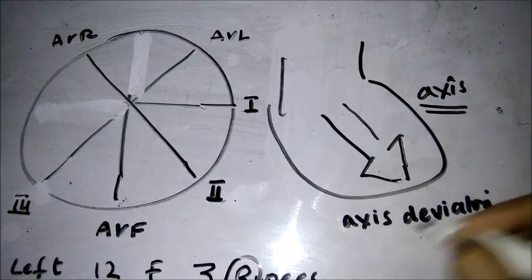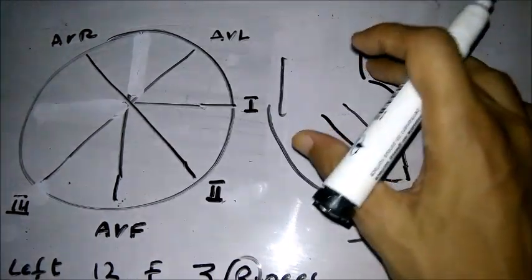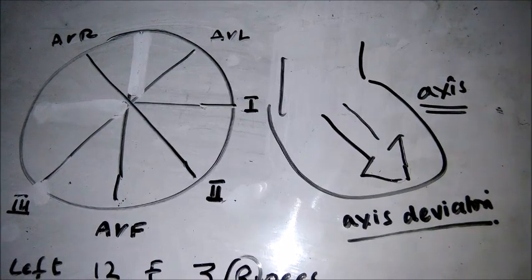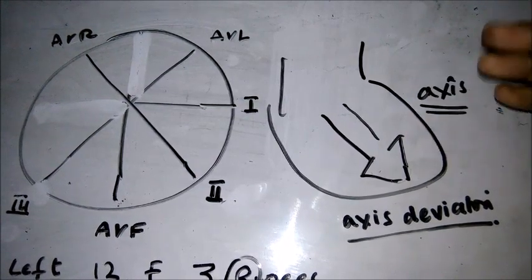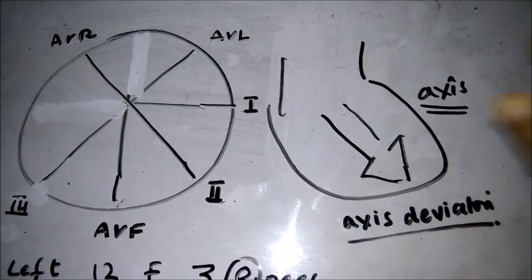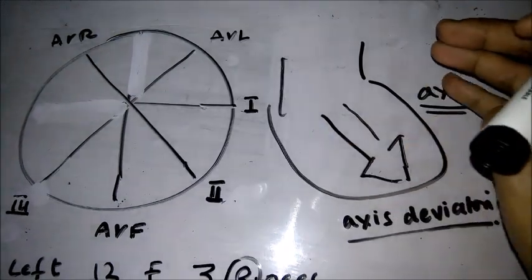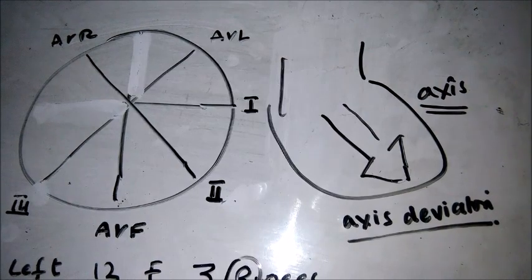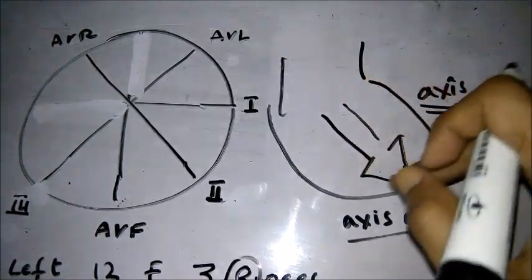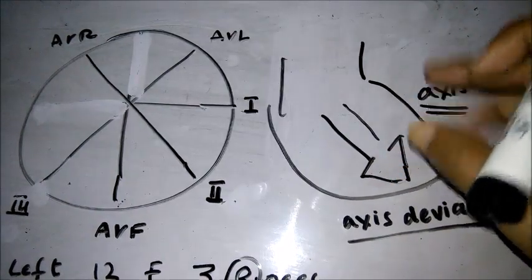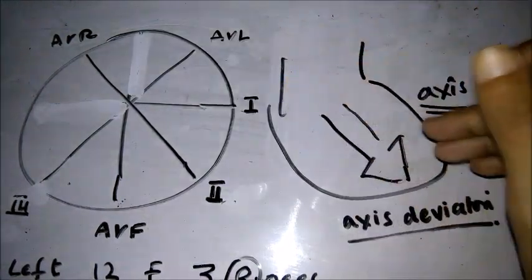Now there are many causes of axis deviation. Sometimes the electrical system in the heart can have a problem, like for example in left bundle branch block or right bundle branch block, we can have an axis deviation. Sometimes the heart muscle hypertrophies, it increases in size, and so if there is more muscle over here, there will be more electrical activity over here, so the axis will shift towards this side.